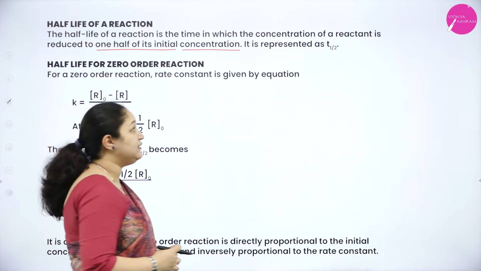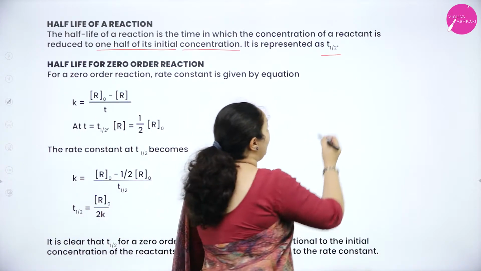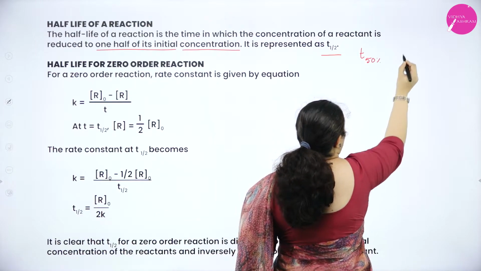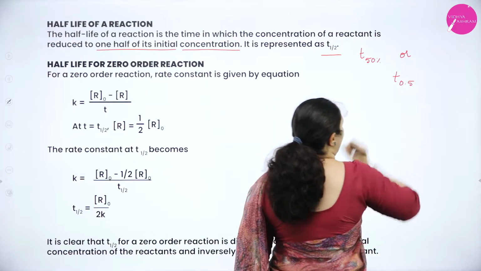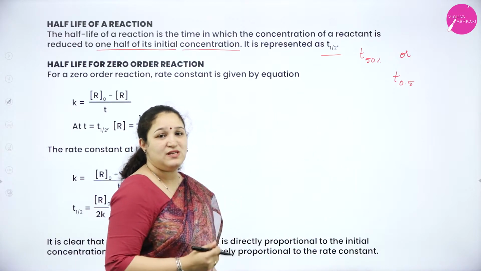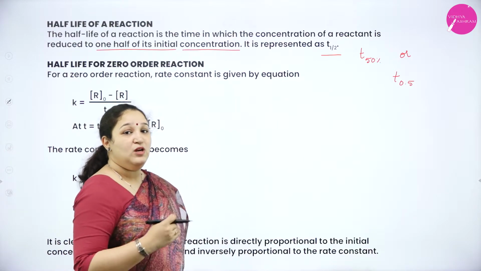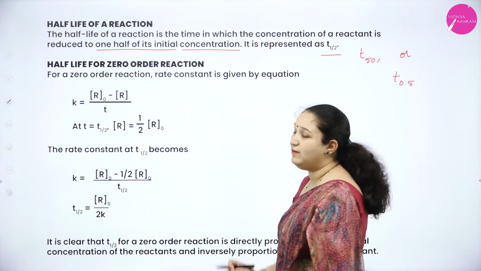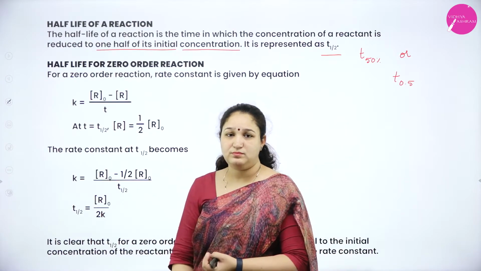It is represented by T half, or we can also write it as T 50% or sometimes even T 0.5. So these are the different ways of representing half-life. So first we are going to learn about half-life for zero order reaction.